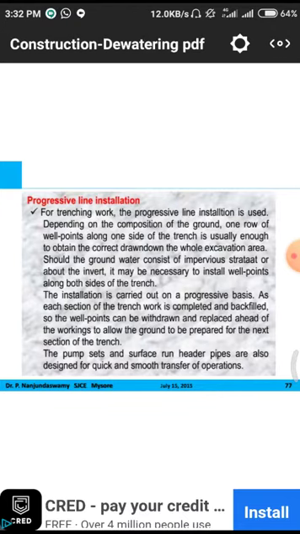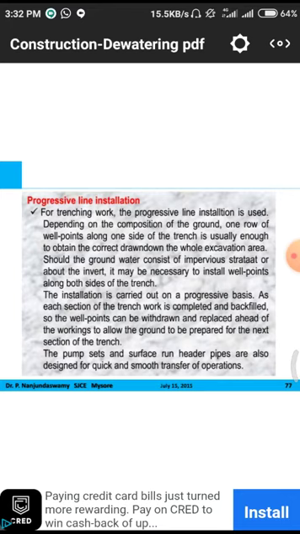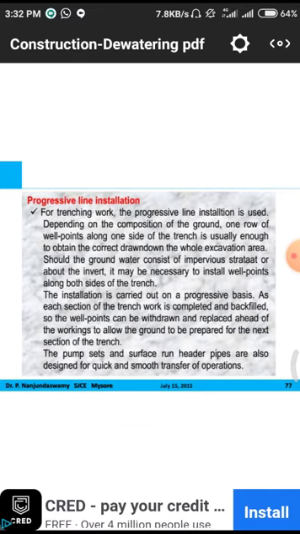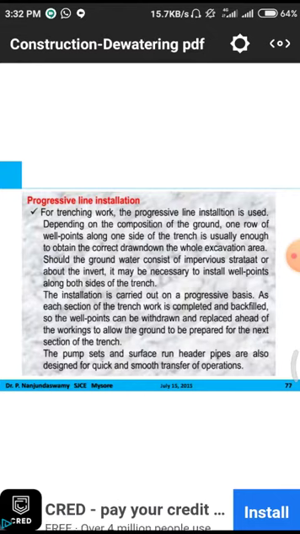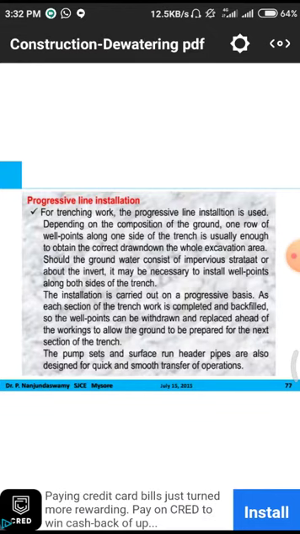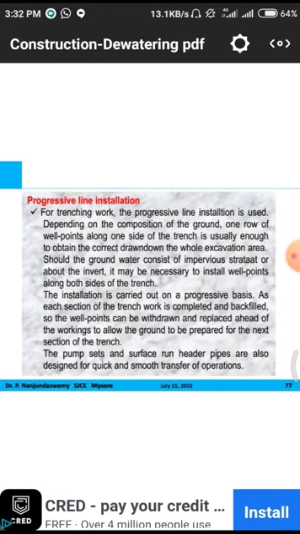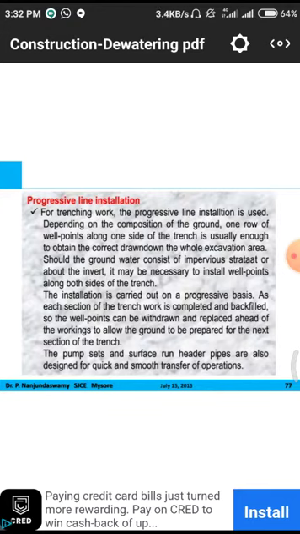Should the groundwater consist of impervious strata, it may be necessary to install well points along both sides of the trench. Impervious means there may be no flowing of water to the ground levels.